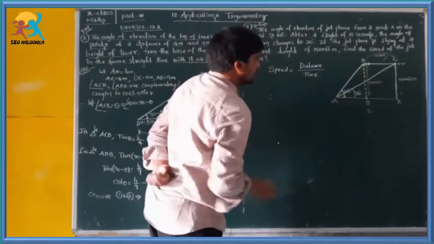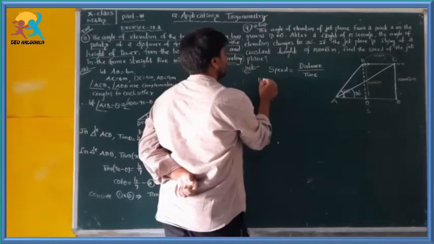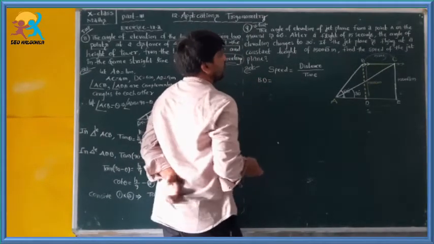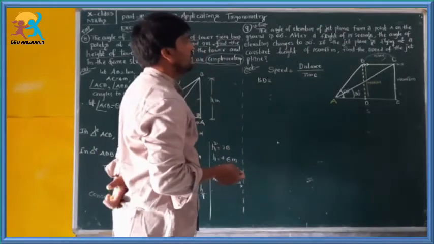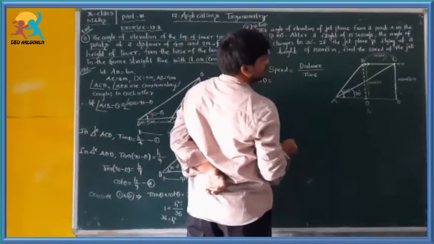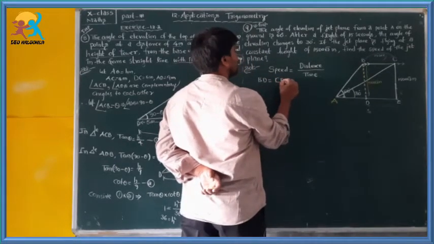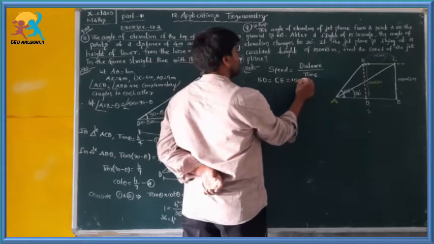Let us write what is given in the question. BD is the height of the flight from the base or from the earth, and BD and CE both are equal, which is equal to 1500 root 3 meters.